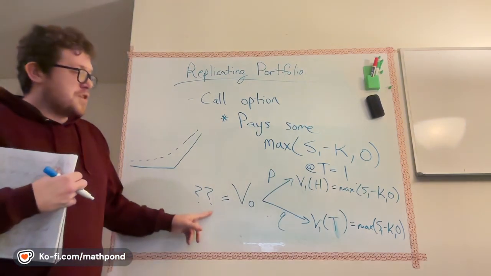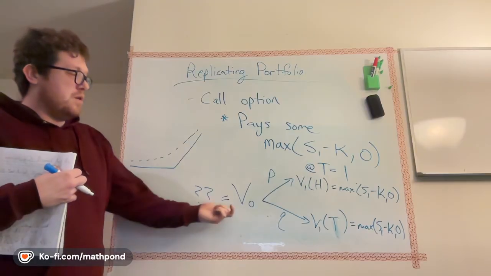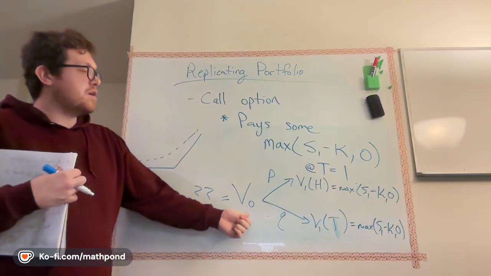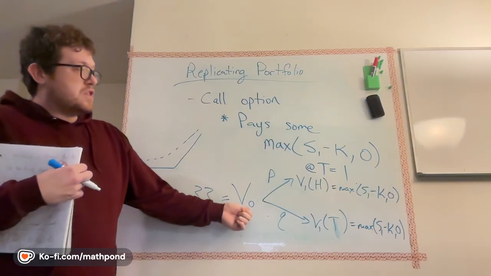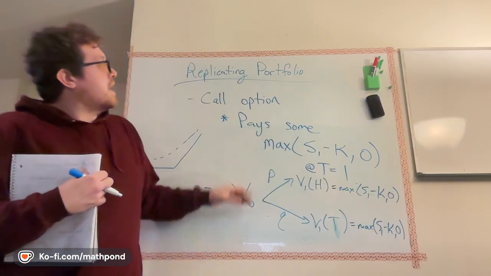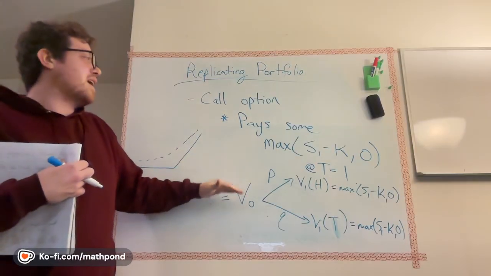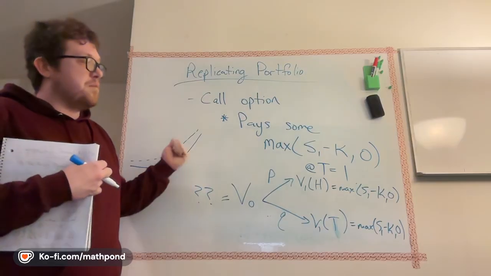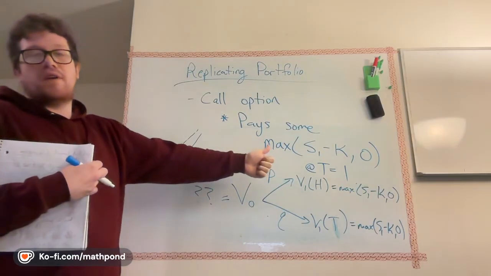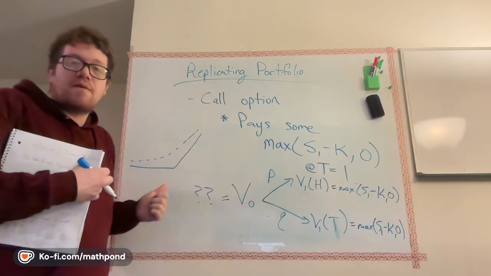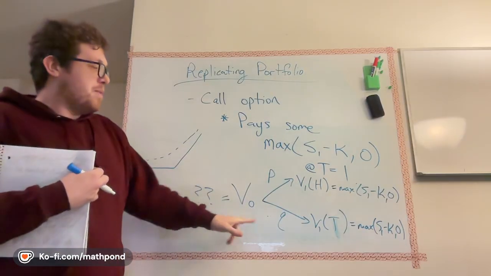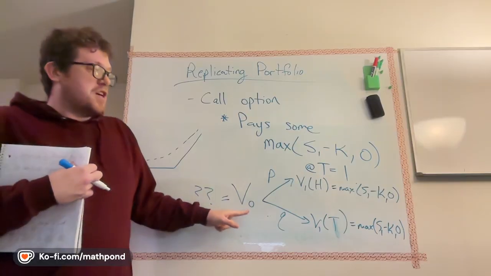Okay, so then the question is, how do I compute the initial value such that I can create a replicating portfolio based in the stock and money? So I can put some amount of money in that risk-free account, or I can borrow money at that risk-free rate, and then I can buy some number of shares of the stock.